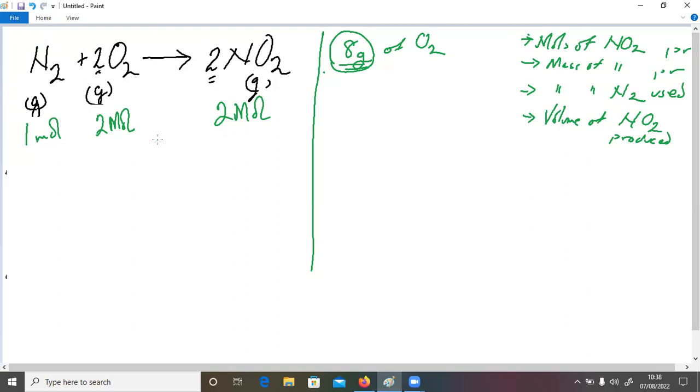Because we are dealing with reacting volumes of gases, let's just go ahead and use the volumes of gases. But whether we use the volume of gases or moles of gases, it's all the same. But since we are coming from where we have been talking so much about moles, let's do the volume of gases.